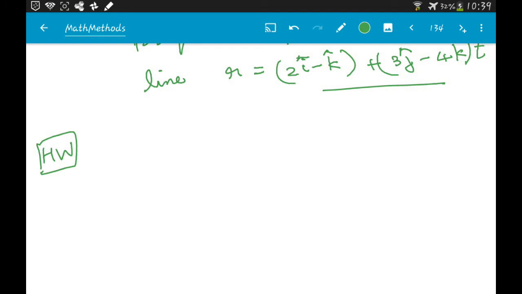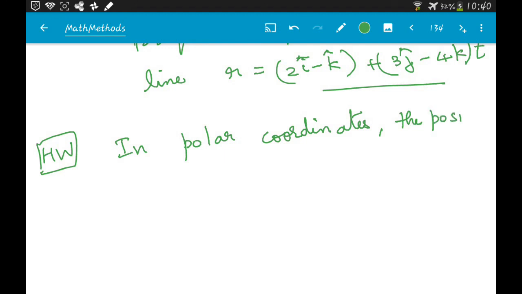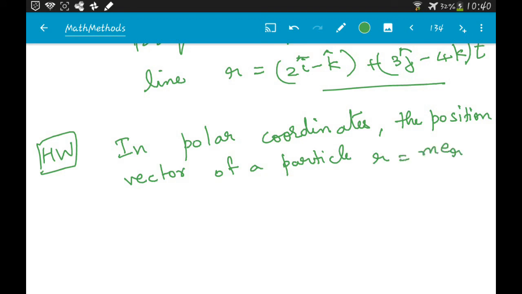Then, in polar coordinates the position vector of a particle r is m ER. So ER is your unit vector, and m is a function of time.